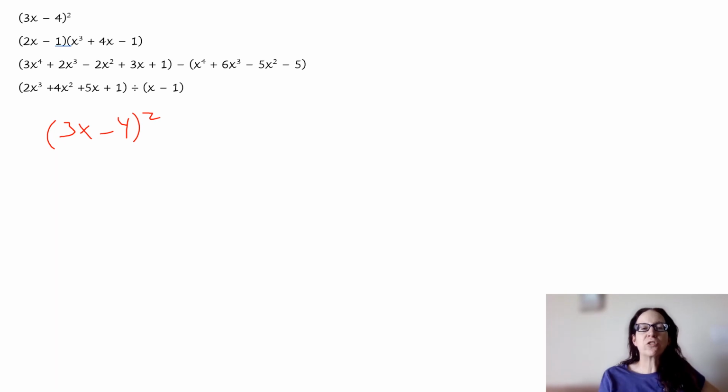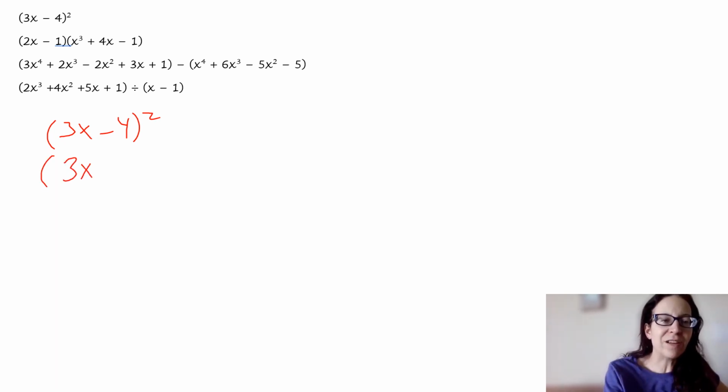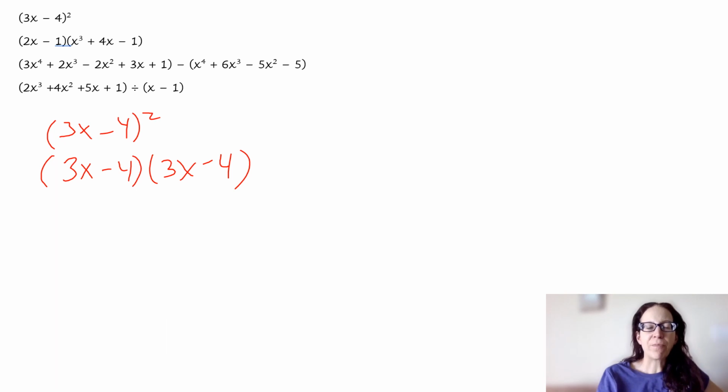Except remember that squaring means multiply by itself, and you want to look closely at what is being squared. The parentheses are being squared. Therefore, it is the parentheses that are being multiplied by themselves.